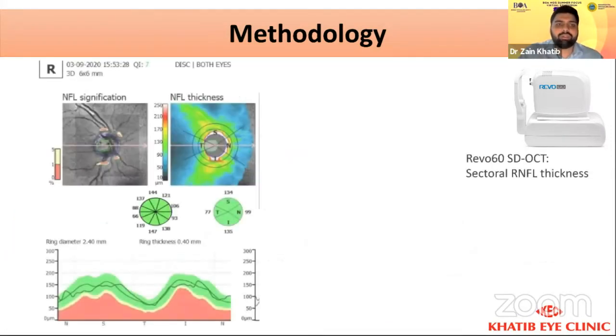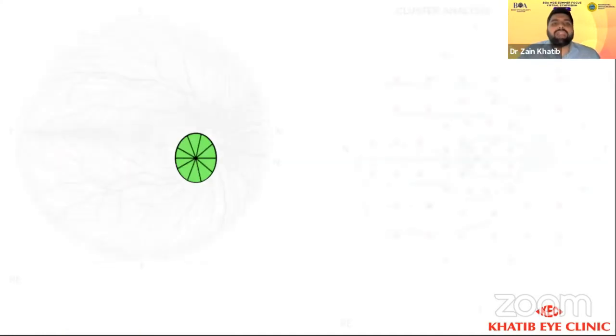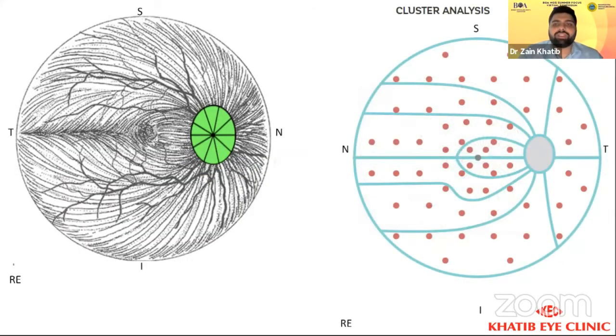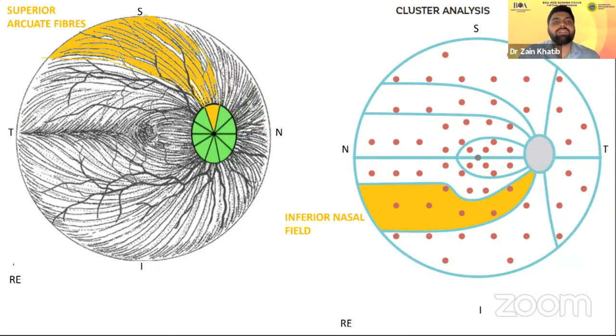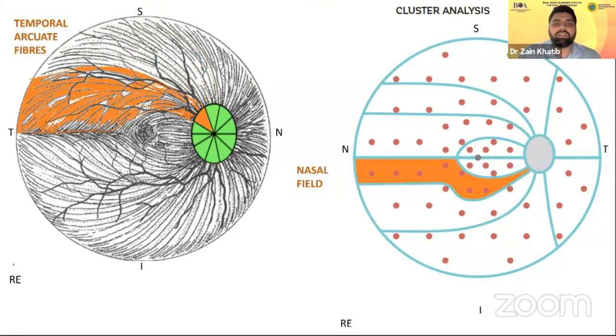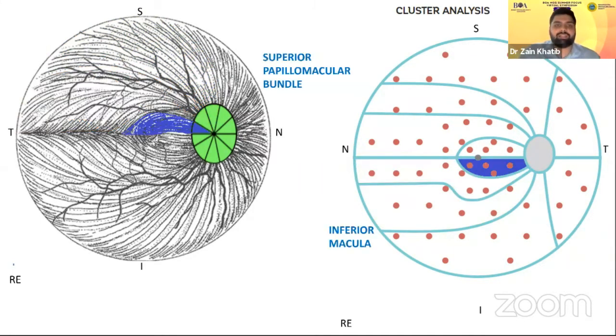And if you see the OCT sectors given by the Optopol machine, there are 10 such sectors. If we override them and spatially correlate them with the Octopus clusters, we see that there is a spatial correlation shaped like this. Each of the sectors on OCT representing a certain RNFL has corresponding mirror images on the perimetry Octopus cluster analysis.